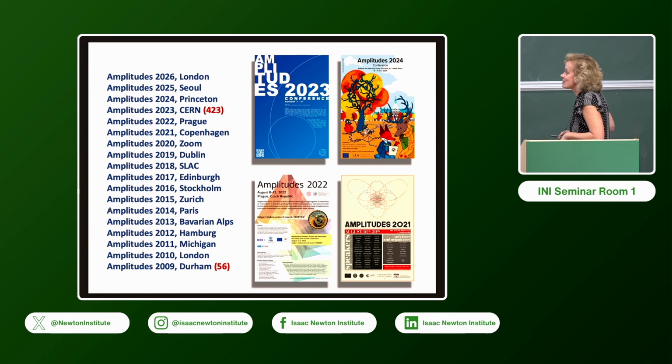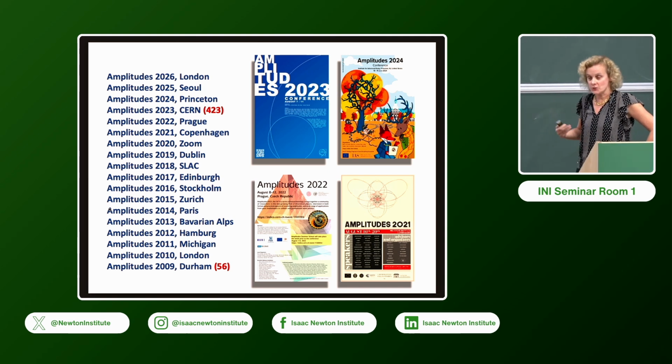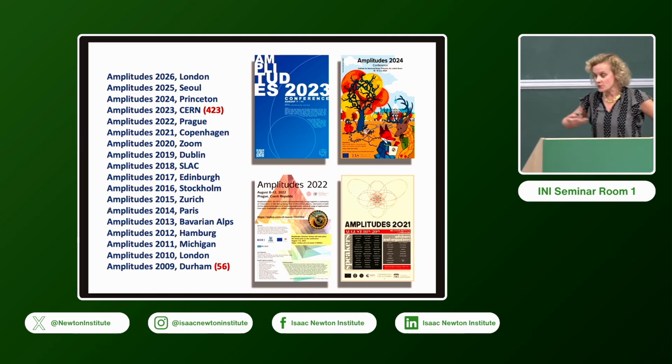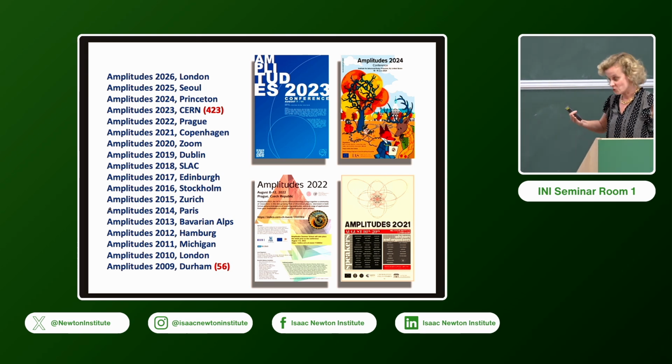In the past, it started off, which I'll mention, from the twistor string. It's been going on for maybe the past 16, 17 years, and the number of people doing it has grown. For example, last year in CERN, we had 423 participants. And it's gotten to the point that in addition to those annual conferences, there are also a lot of programs and meetings. For example, every week you get a choice of an Amplitudes meeting to go to.